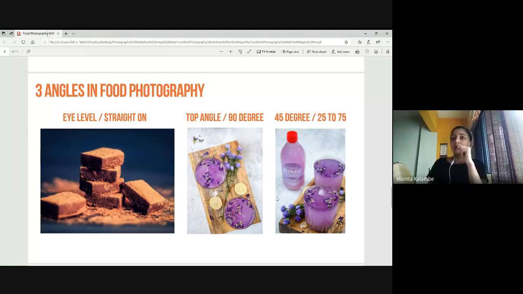Also, when you're shooting these different angles, you have to keep in mind the composition techniques that we spoke of. Those composition techniques are your guiding lines for how you can style. Like, in this image, the main subject is placed on the triangle.